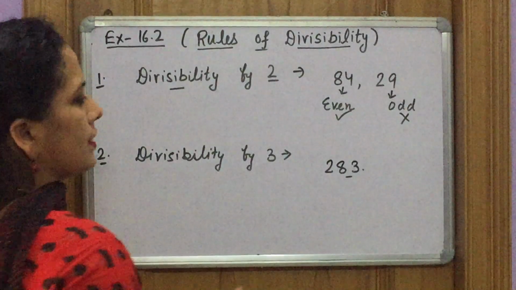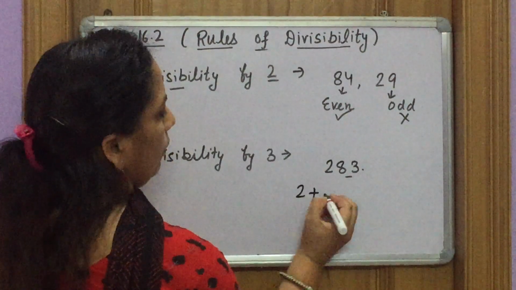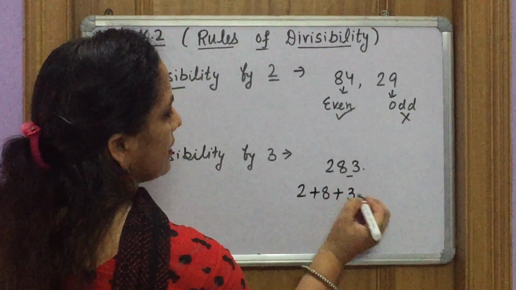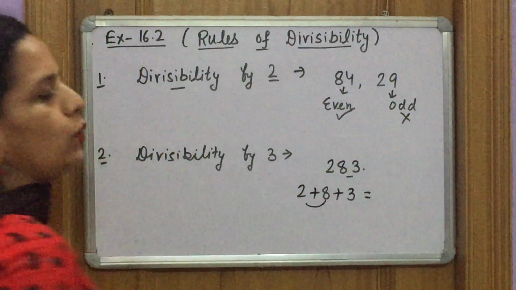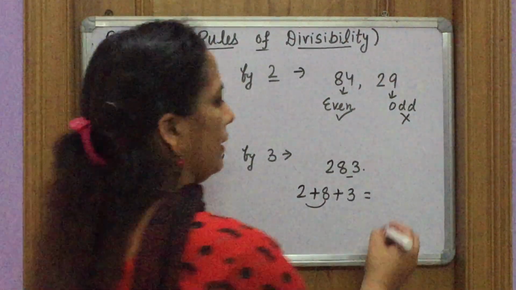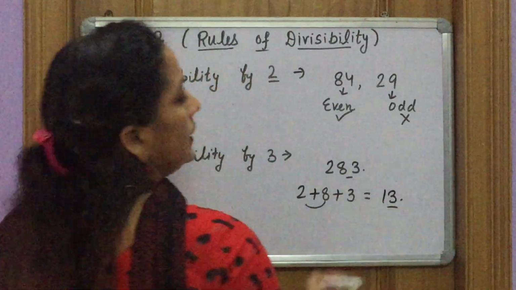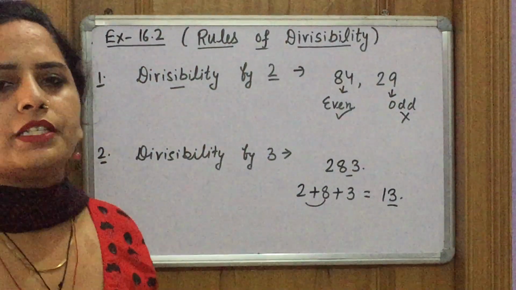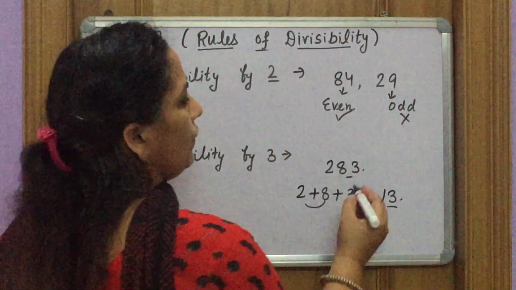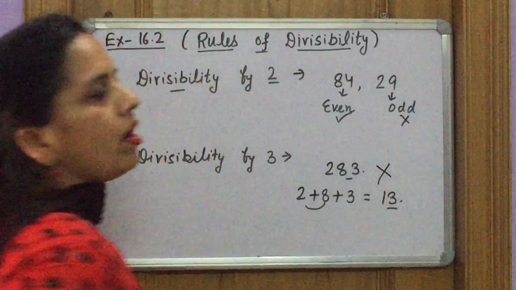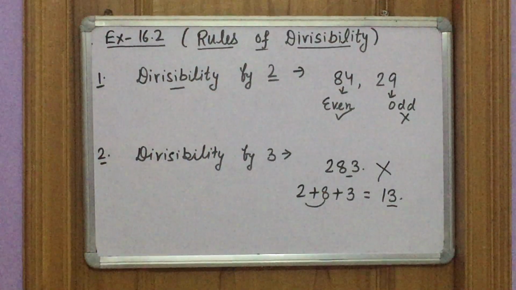Now find out its sum. 2 plus 8 plus 3. 8 and 2, 10, and plus 3, 13. And here 13 is not divisible by 3. So we will say that this number is not divisible by 3.